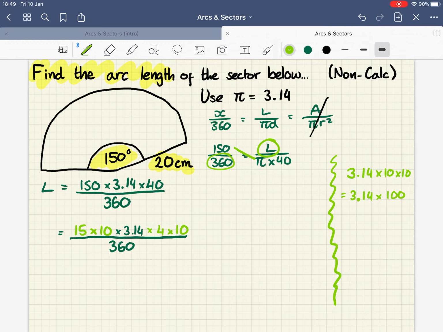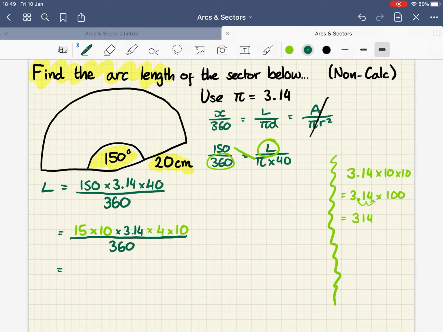Because there's 2 zeros, it moves twice, so it goes 1, 2. So that means my answer is just going to be 314. So there should be somewhere within these non-calculator ones a chance to get it out the decimal. So you got to try and look to see where you can create times 100 somewhere.